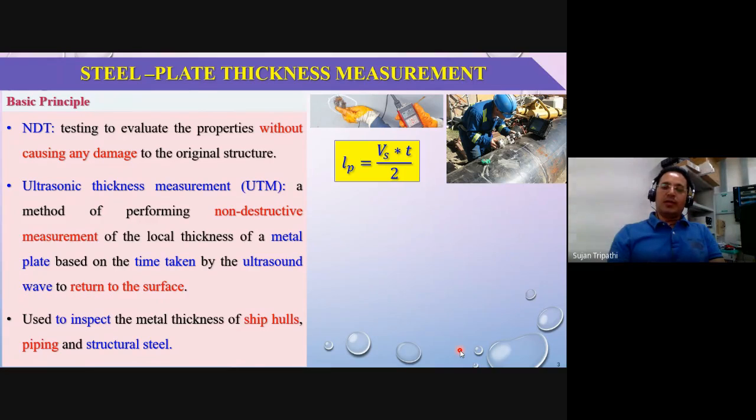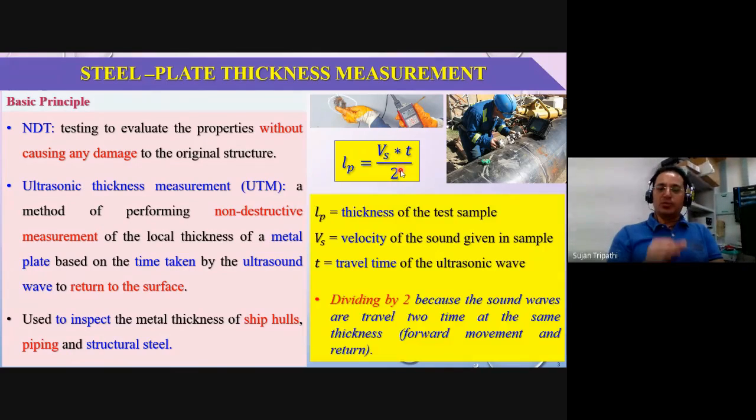And mathematically, how does it work? To find the thickness of the plate, which is also called the path length of the wave, we use a simple relation where Vs is the velocity of sound and t is the time taken by the wave to travel. Why are we dividing by 2?